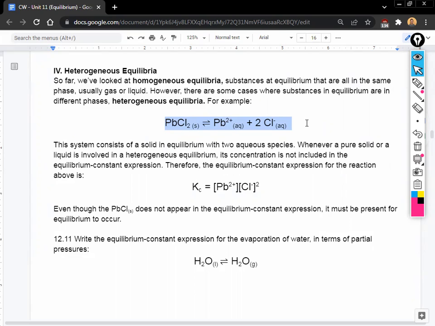So just make sure you jot down that reaction. And we're going to learn how to write the equilibrium constant for these heterogeneous equilibria.